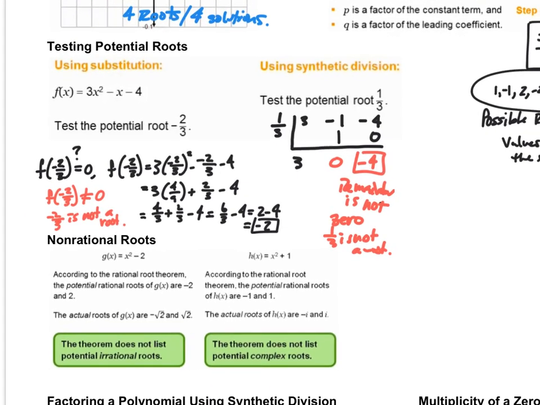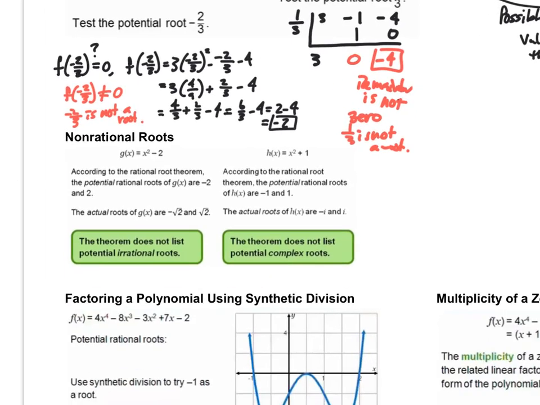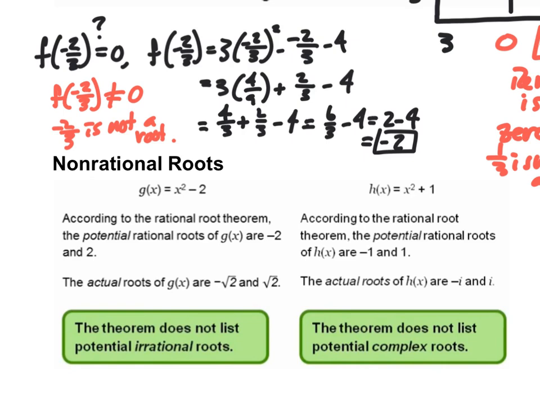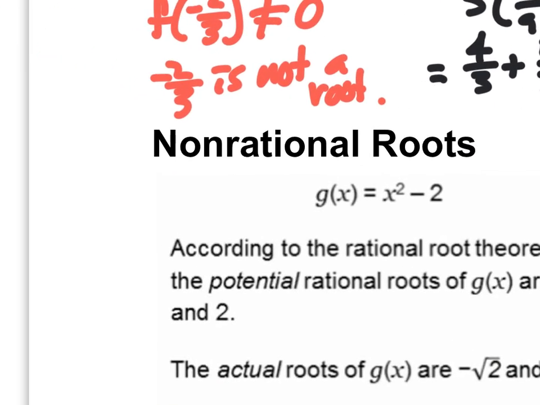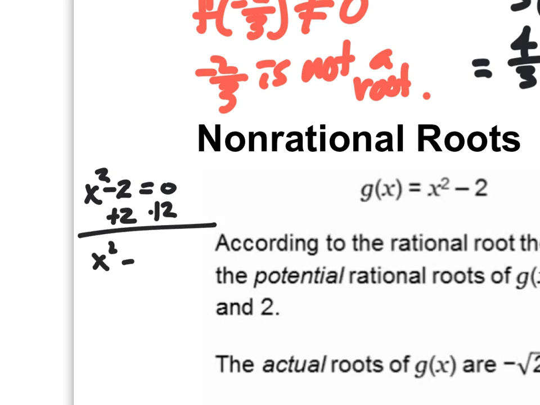All right, let's take a look at something where we have non-rational roots. These are roots that are irrational. If I had a function like this, looking to see where it crosses the x-axis, let me just do this real quick. If I take this polynomial, x squared minus 2, and set it equal to 0, I would add 2 to both sides and get x squared is equal to 2.